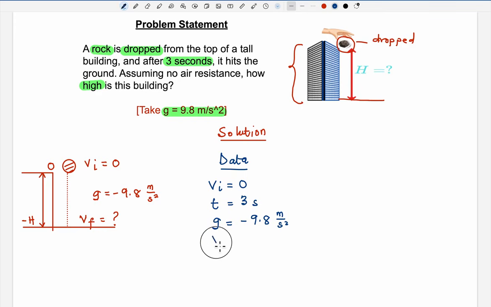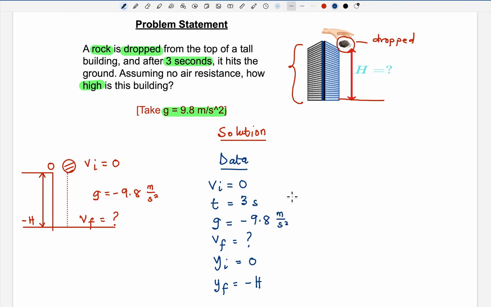The final velocity, which we don't know. And we know the initial position of this object, that is the origin, 0. And we know the final position of this object, which is minus h. And that is the h we are going to determine, because it will end up giving us that distance between the origin and the ground.